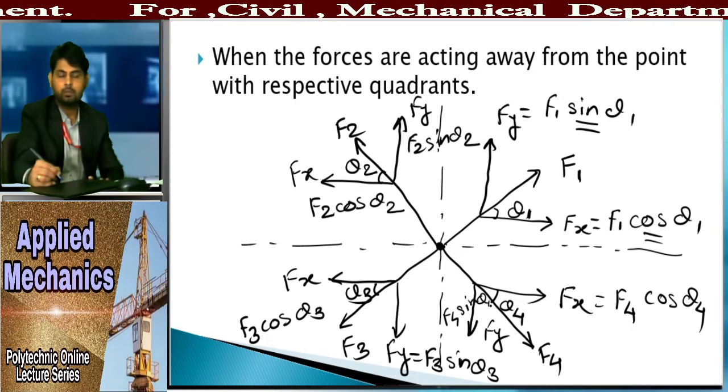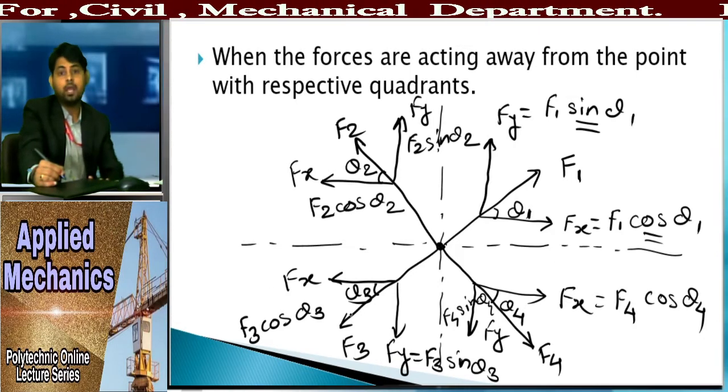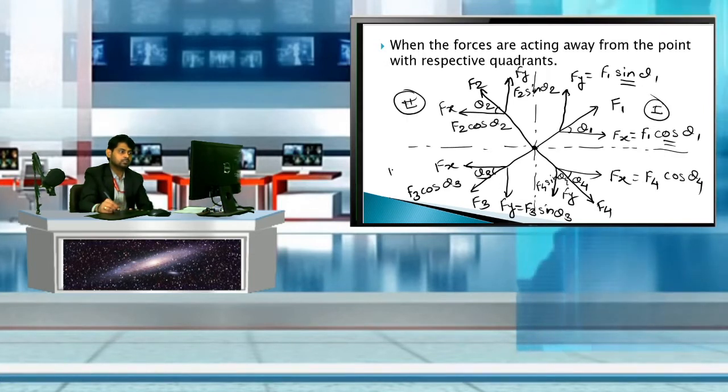So this is the resolution of all these forces which are away from the point, with respect to the quadrants. So this F1 is in the first quadrant, F2 is in the second quadrant, F3 is in the third quadrant, and F4 is in the fourth quadrant. So all these forces are like this.